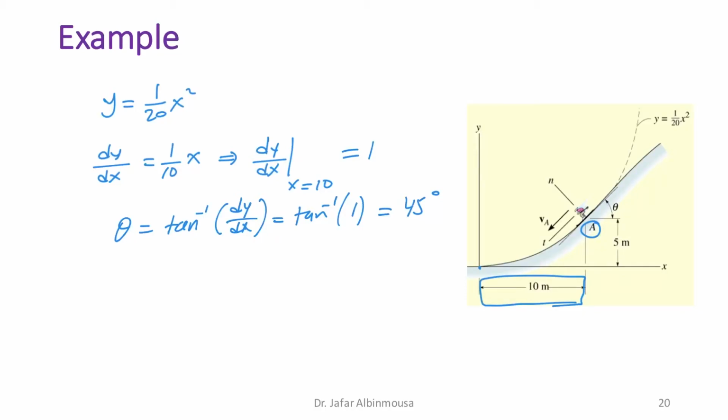So from the x-axis, the velocity, which is equal to VA, which is equal to 6 meters per second, as given by the problem, is inclined at an angle of 45. So this angle from the x-axis is 45 degrees.